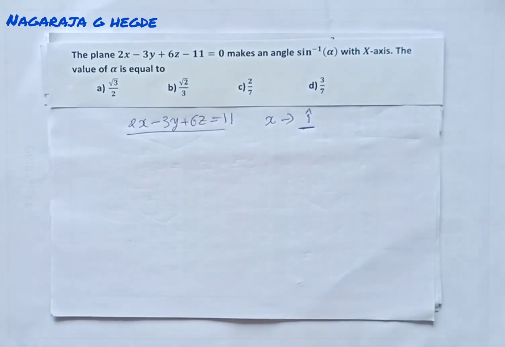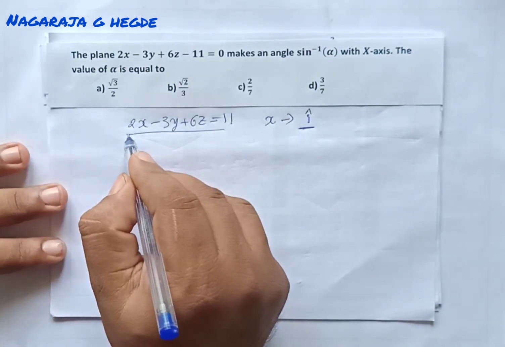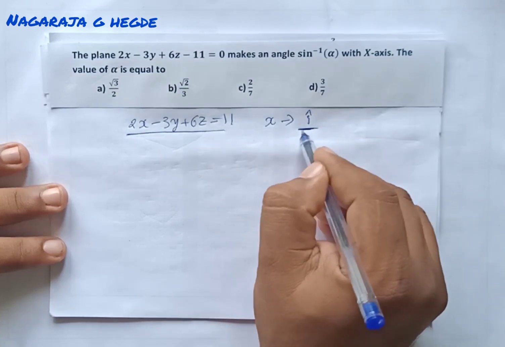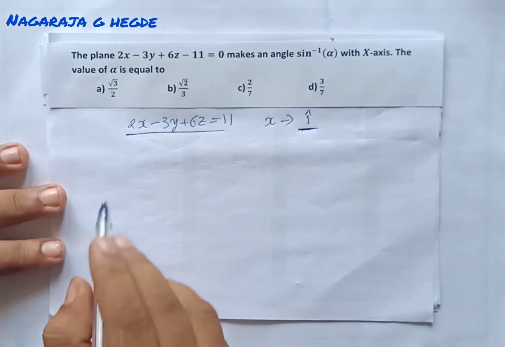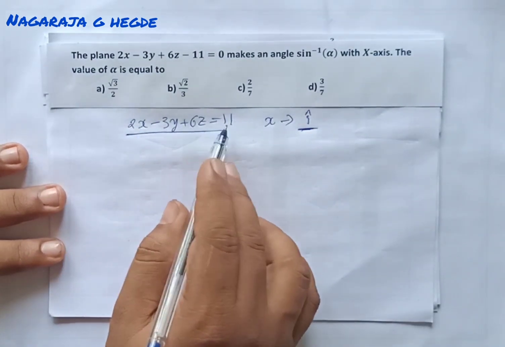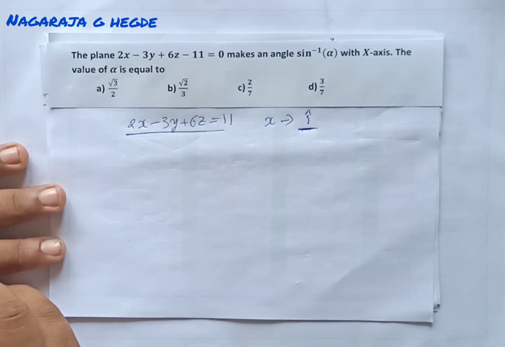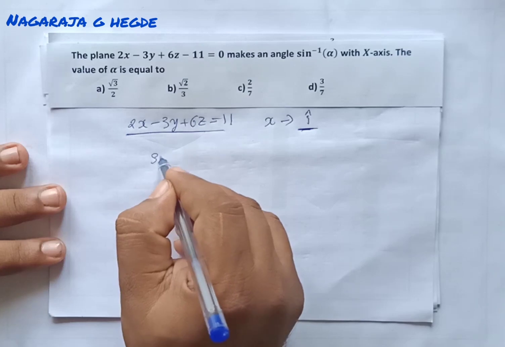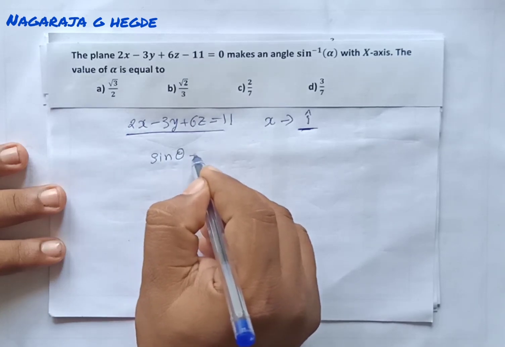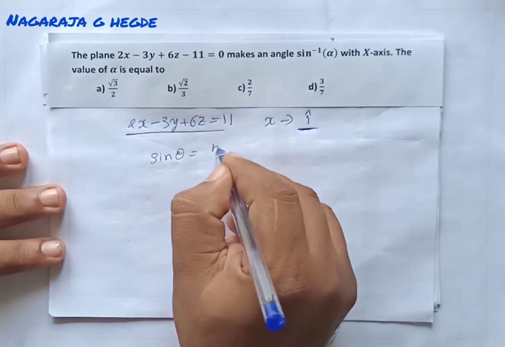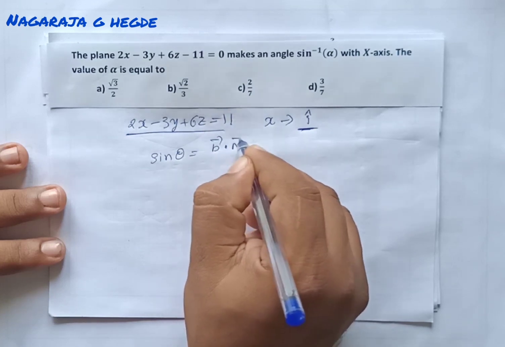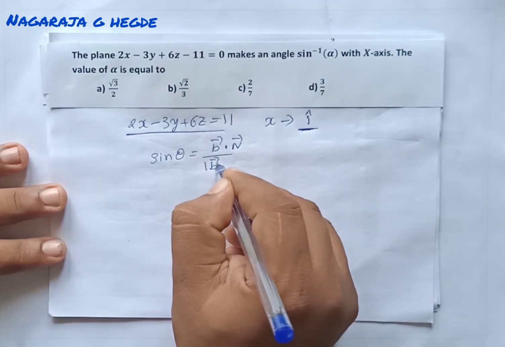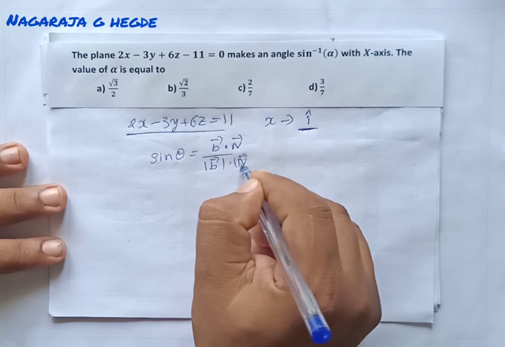The value of alpha is equal to, let us find the angle between the plane and the line. Line is i cap, plane is 2x minus 3y plus 6z equal to 11. What is the formula to calculate the angle between a line and a plane? Sin theta equal to vector b dot vector n divided by magnitude of vector b into magnitude of vector n.